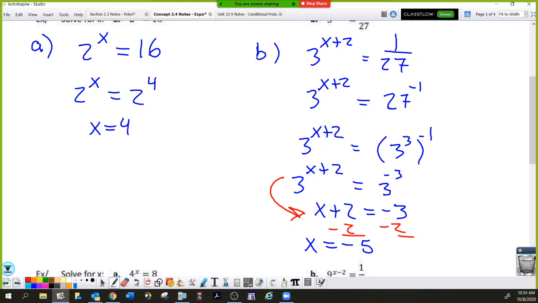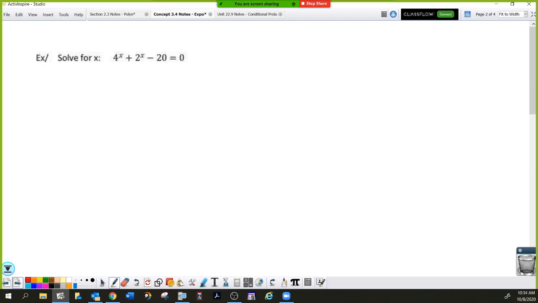Because algebra are mathematical operations. That's not an operation, though. Every time I move from one level to the next, I use an algebraic operation, except for when I said, okay, since the bases match, let's just disregard them. That is not an algebraic operation. But I will tell you, there is an algebraic operation that allows me to do that. We just haven't talked about it yet. So we'll go ahead and move on.